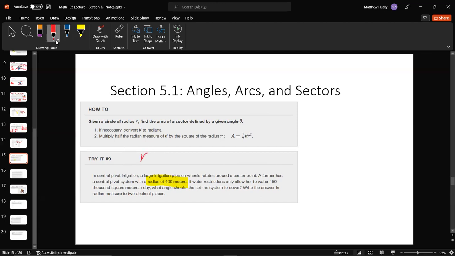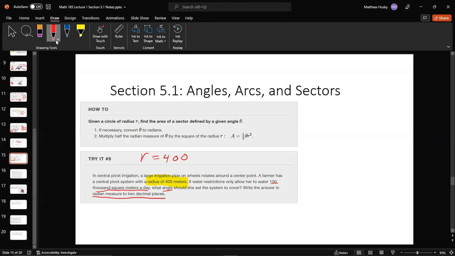So we know R equals 400. She can only do 150,000 square meters per day. What angle do we need to use? And they say write it as a radian rounded to 2 decimal places.